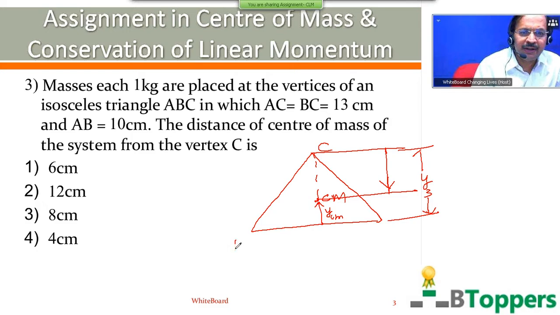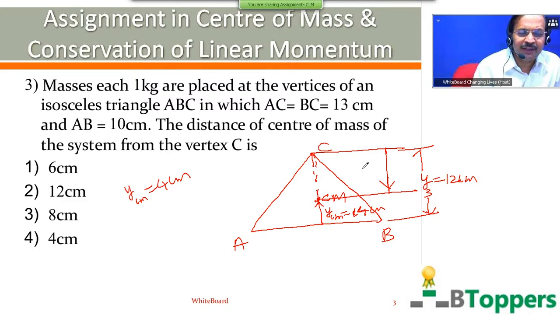In the same figure which you copied earlier, you can draw these distances. You have already calculated the y coordinate of the center of mass, which is 4 centimeters. The y coordinate for the third particle is 12 centimeters. You are asked to find the distance of the third vertex from the center of mass.